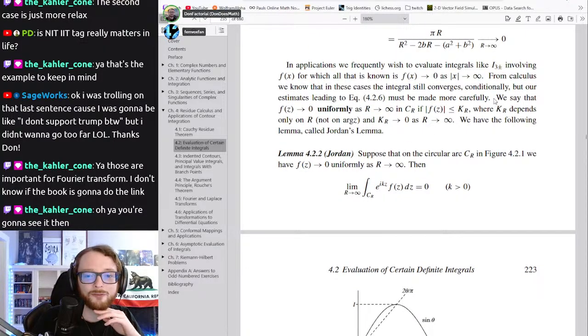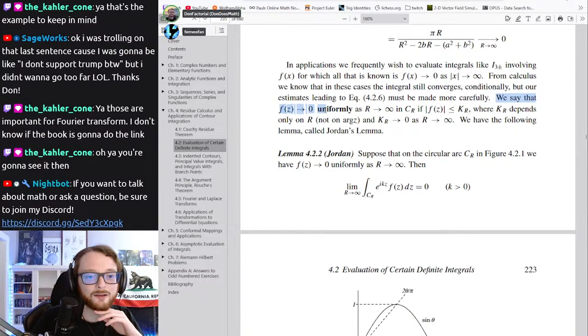Okay, and they gave this sort of other uniform convergence definition that's kind of snuck in here. They say that f of z approaches zero uniformly as r goes to infinity in CR if you can bound f of z by k sub r, and that k sub r depends only on r and not the argument of z.